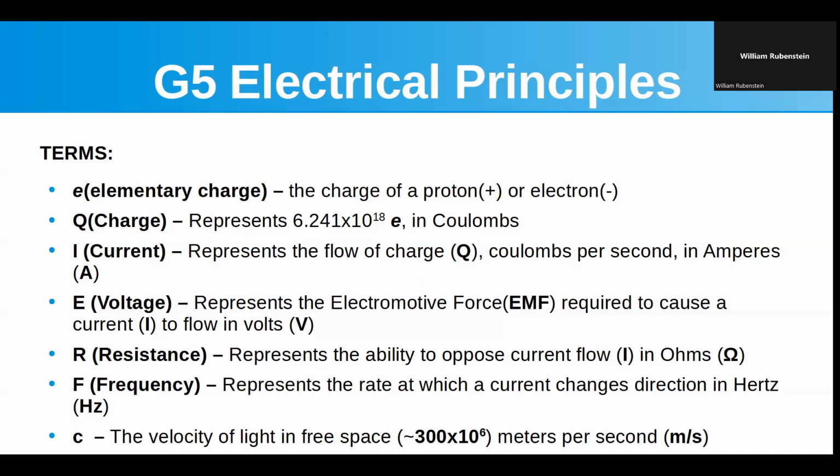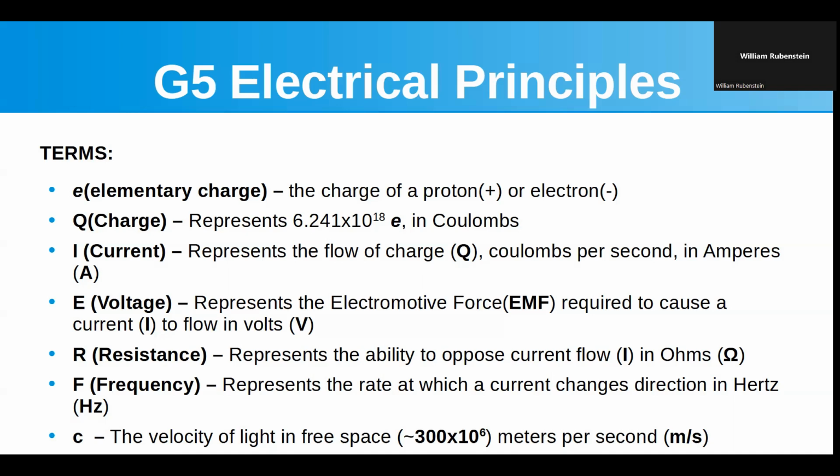So current is the flow of charge of 1 coulomb per second, and we measure it in amperes, named after James Ampere. And all these things are named after dead people. Well, except for E. We use E to represent the electromotive force, voltage.